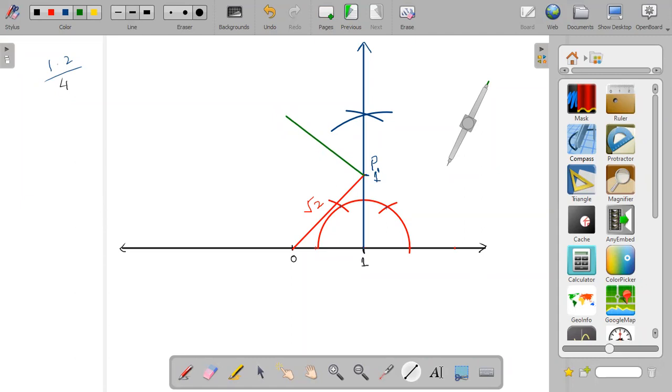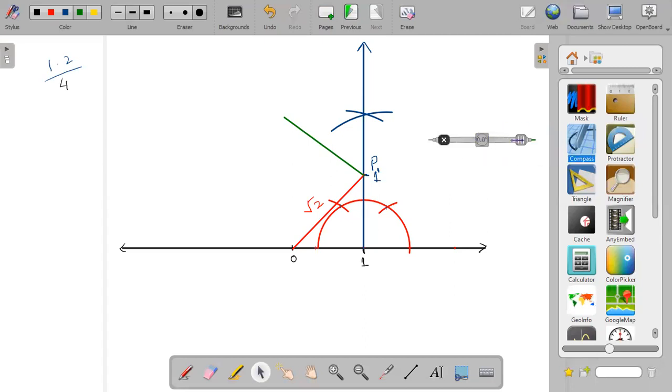This distance should be taken as 1 again, always 1. Every distance should be taken as 1, and our 1 is 4 centimeters.